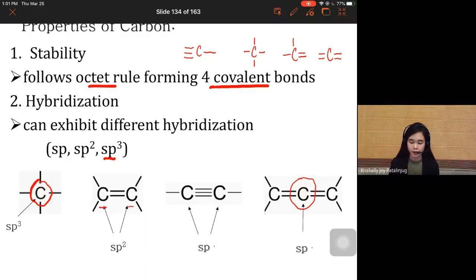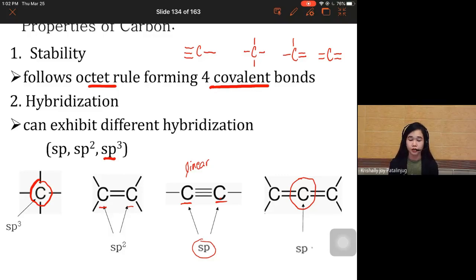Kasi kapag 1 triple bond lang yung kinikarry ng central carbon atom, meaning naka-linear orientation siya. And we all know that the hybridization related to linear orientation is sp hybridization. Linear kapag the central atom only has two electron groups surrounding itself. Yung isa, triple bond. Yung isa, single bond.